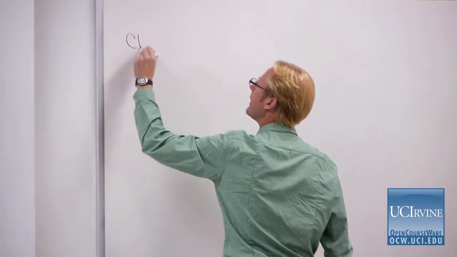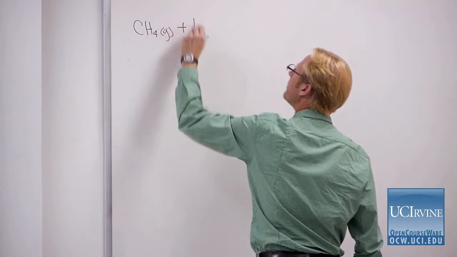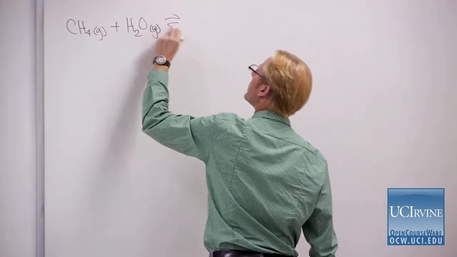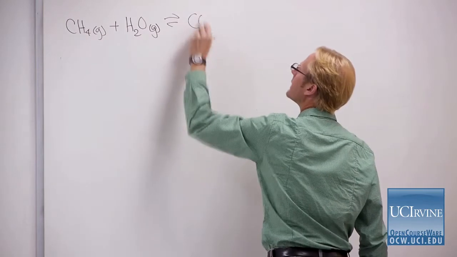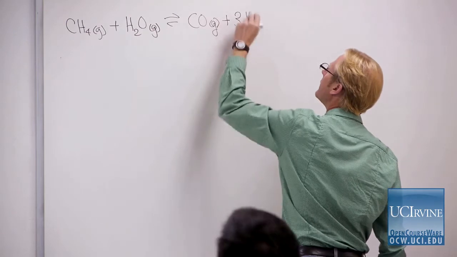So the first example we are going to consider is we're going to have this reaction, so methane gas plus steam in equilibrium with carbon monoxide plus hydrogen.